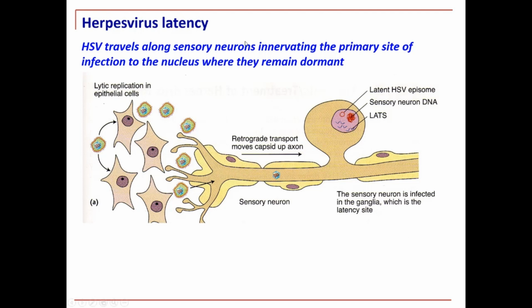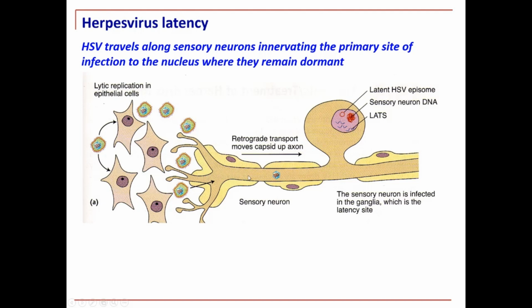So how does this happen? Well, HSV travels along the sensory neurons, innervating the primary site of infection to the nucleus, where they remain dormant. Here are your epithelial cells, which are undergoing their lytic cycle. The virus is being released, and the virus then enters into these sensory neurons.